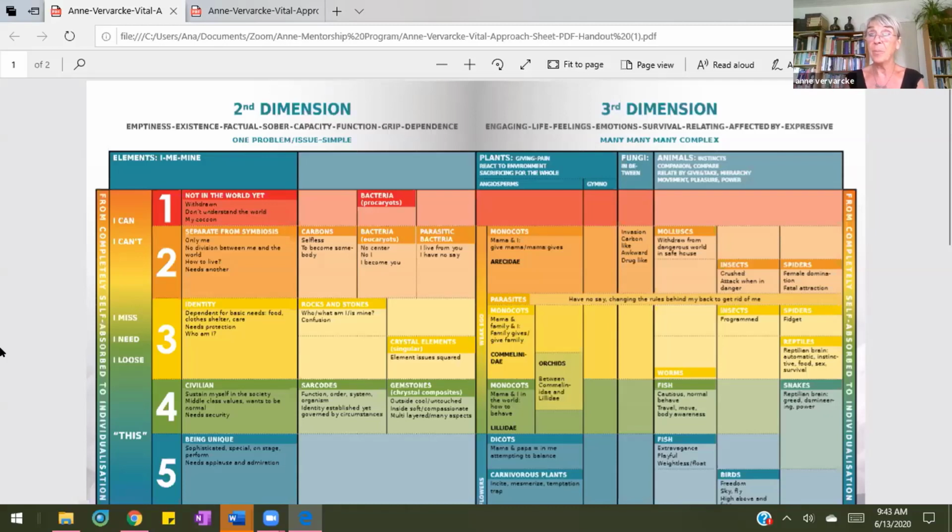And then the same applies to the fifth. I need to perform well, I need to be more effective, I need to do better, because then it's all about doing something special, showing your talents and all that.